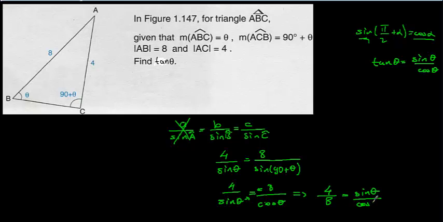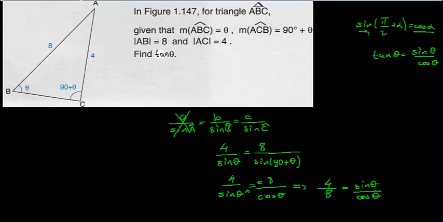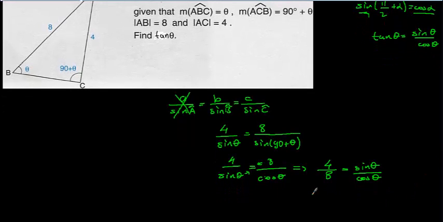From the ratios and proportion, it's possible to replace like that, and then 1 over 2 is equal to sine theta over cosine theta, which is tangent theta. Actually the question is asking for tangent theta, which is equal to 1 over 2.